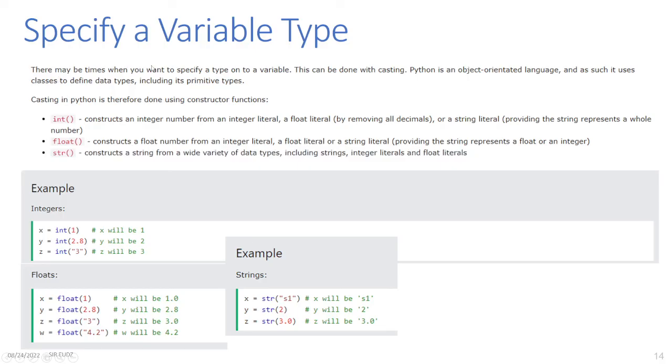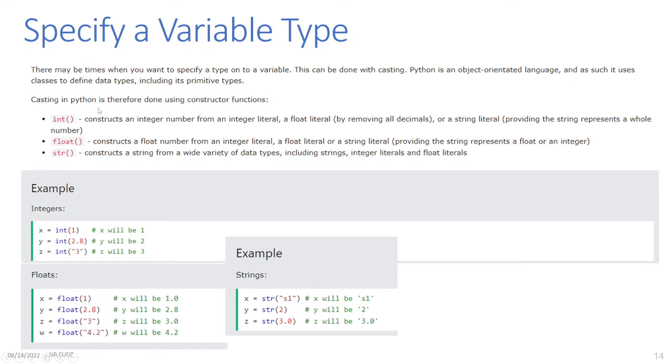Casting. Specify a variable type. There may be times when you want to specify a type on a variable. This can be done with casting. Python is an object-oriented language, and as such, it uses classes to define data types, including its primitive types.